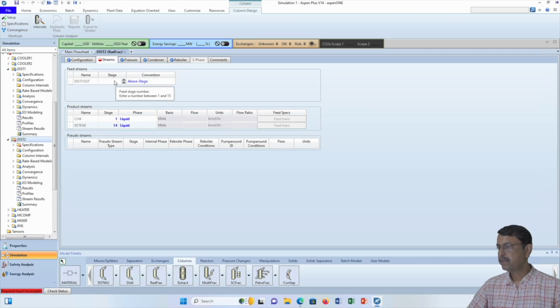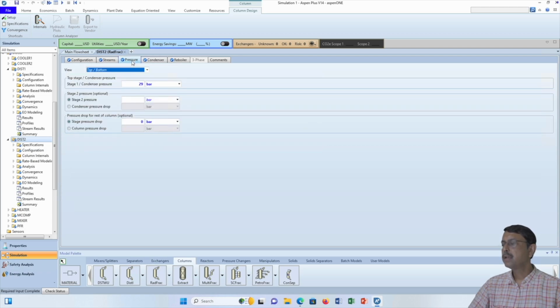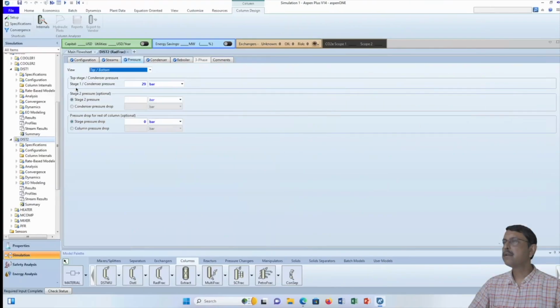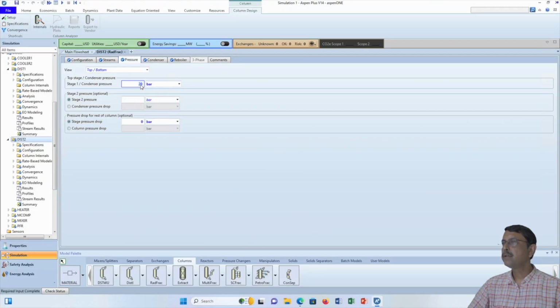It is the 7th stage as before. So we write 7 over here. And the pressure, I think we have to use 28 bar. Okay, so it is 28 bar.